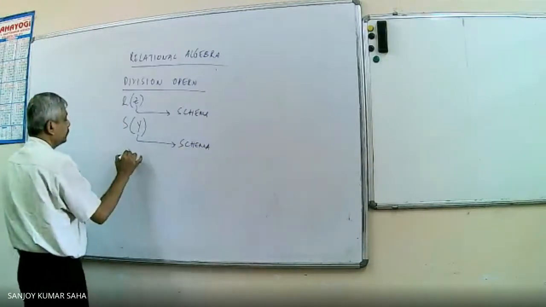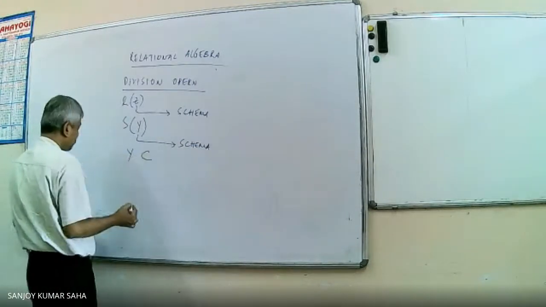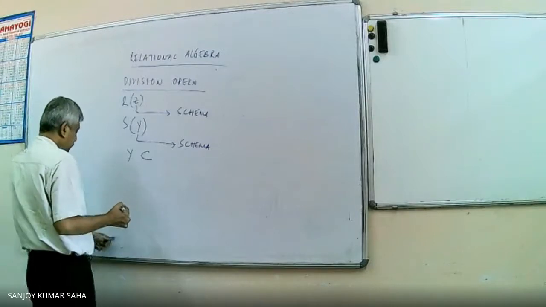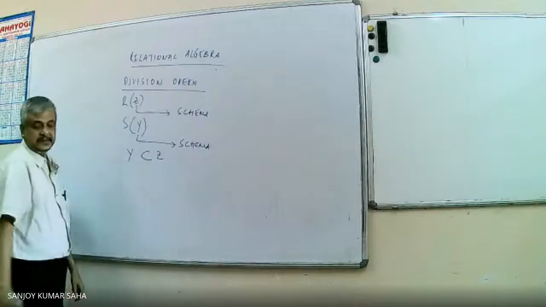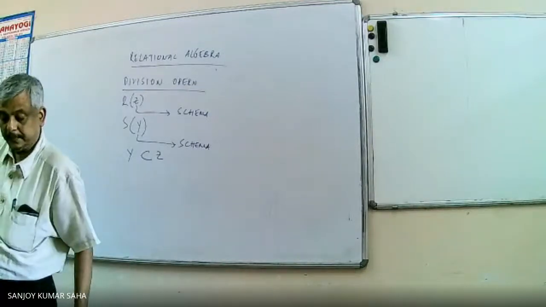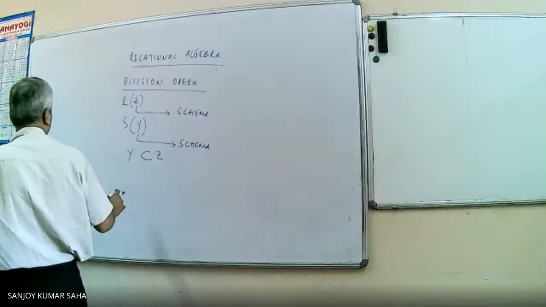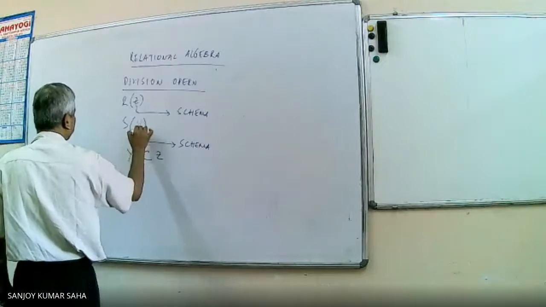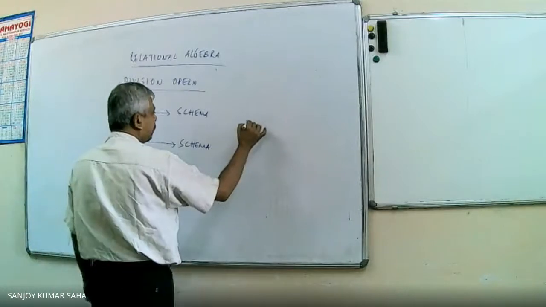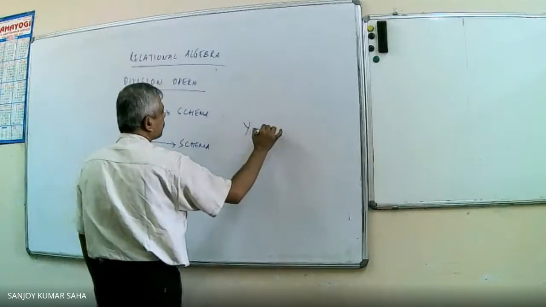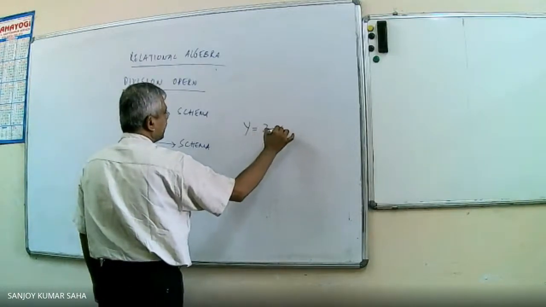And Y is a subset of Z. But if I put this one as X, so X is a subset of Z, and Y equals Z minus X.